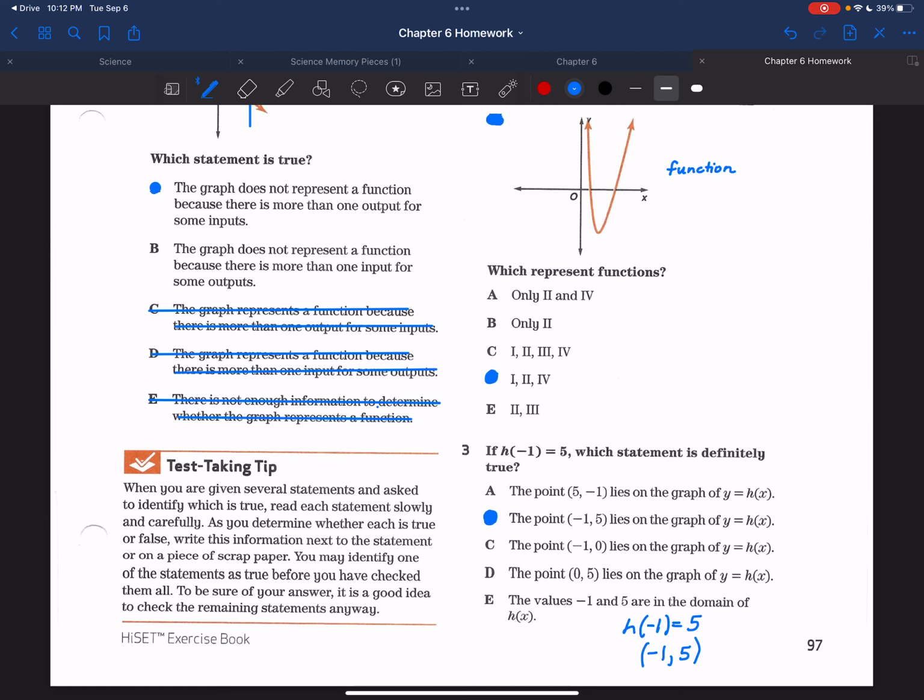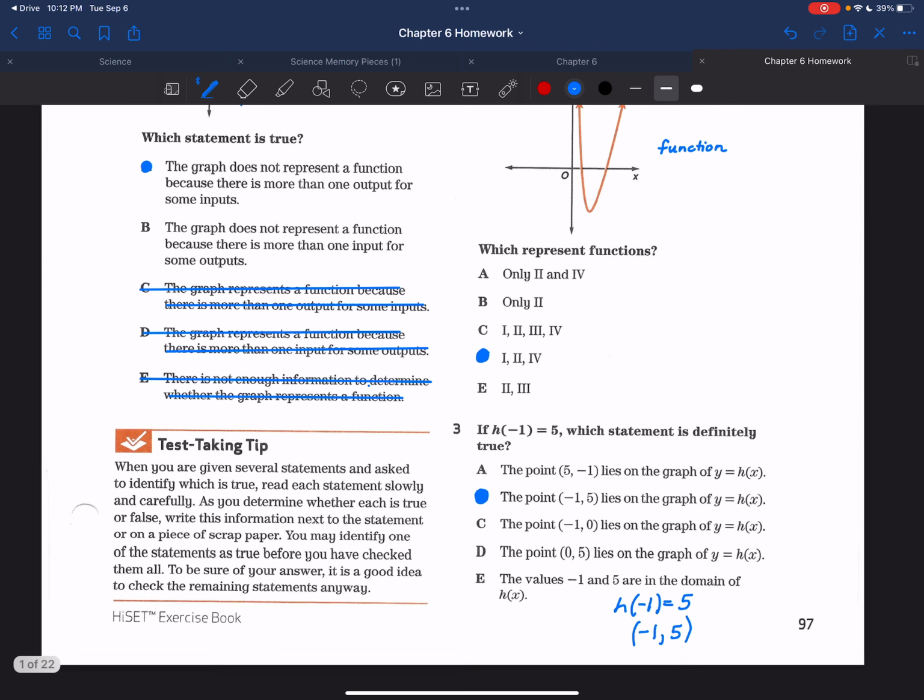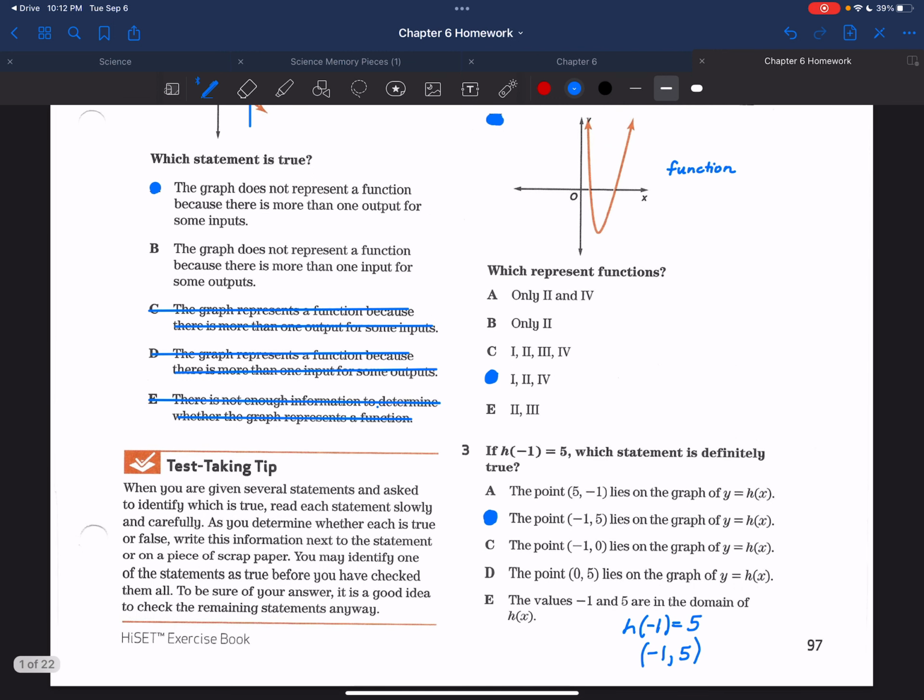Now, E also uses -1, 5, so let's look at why it's not E. E is saying that both -1 and 5 are in the domain of the function. And that is not true.